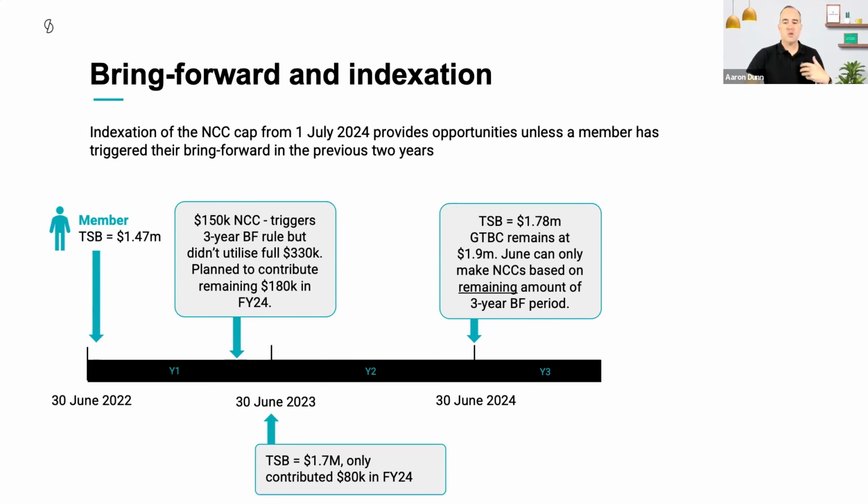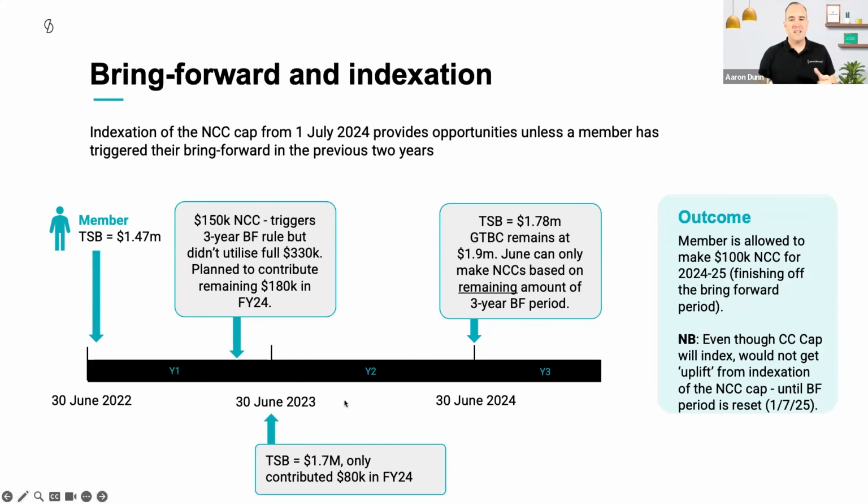And then when we get to the final year, what is important to note here is that the opportunity to contribute is not based upon $360,000, i.e. the amount of the indexed value that is going to apply from the 1st of July 2024, but rather we are required to be limited by the cap that was available at the time that that 3-year bring forward period applied.